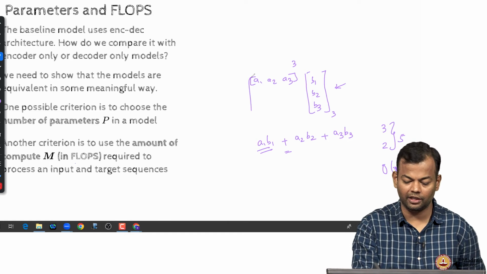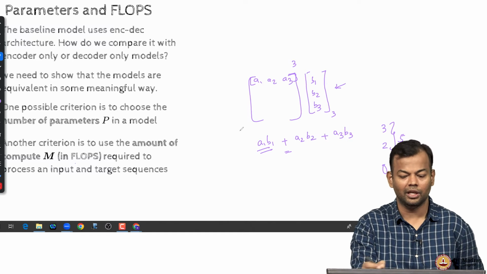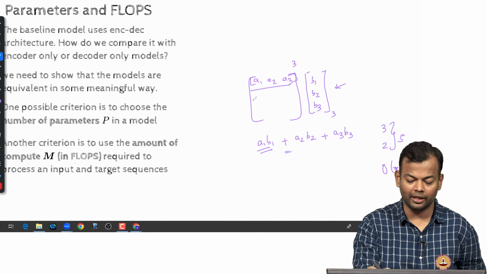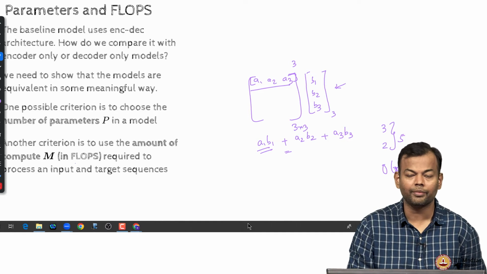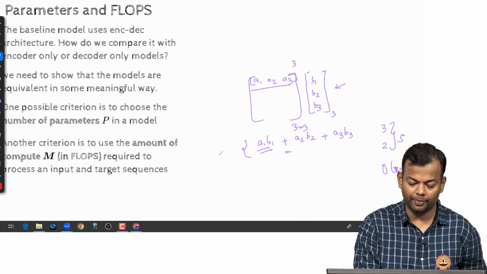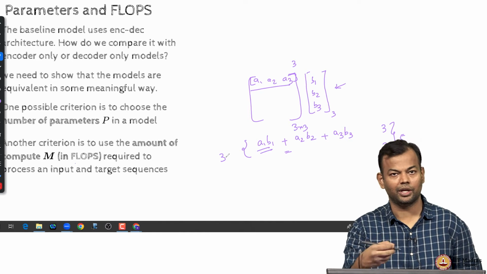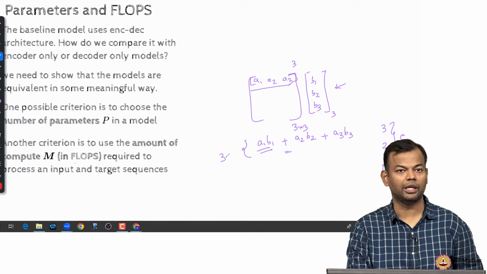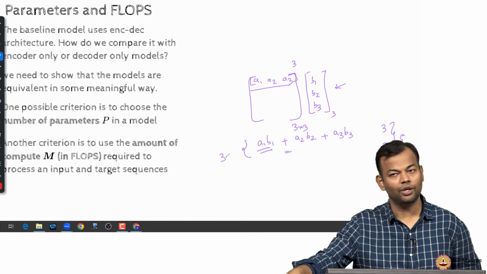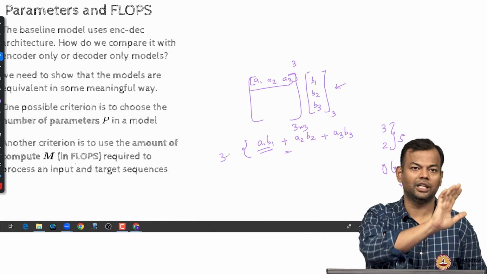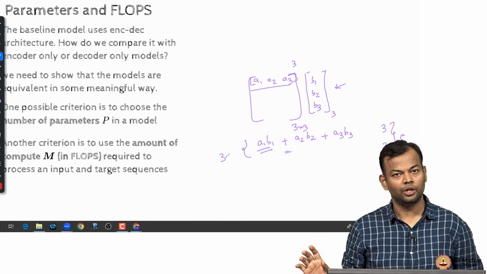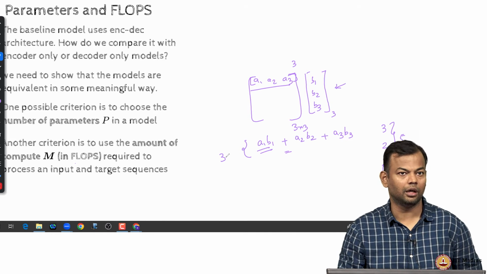If this was a matrix-vector multiplication with a 3 cross 3 matrix, then you would have similar operations happening 3 times, so you can again count the total number of operations. That's known as FLOPs, which is floating point operations. So you can say, okay, this is an encoder-decoder model, this is a decoder-only model, but both of them are doing the same number of computations to arrive at the answer, and hence they are comparable, right?